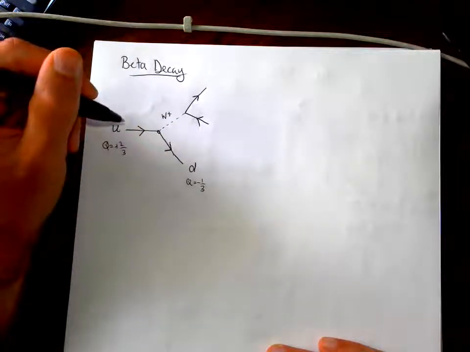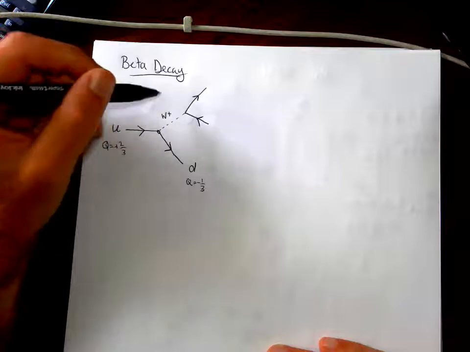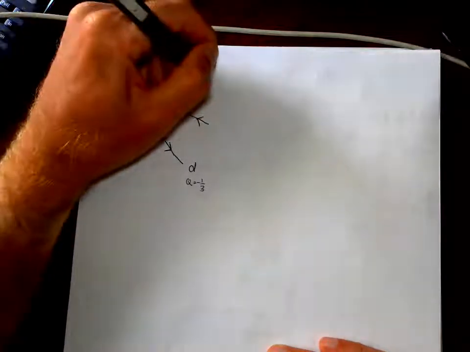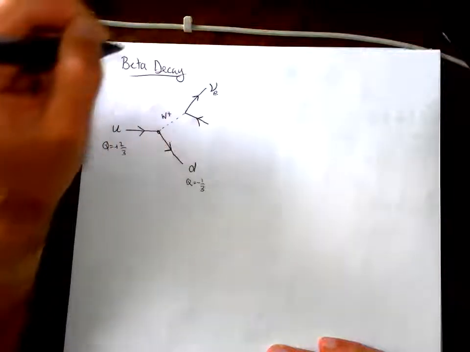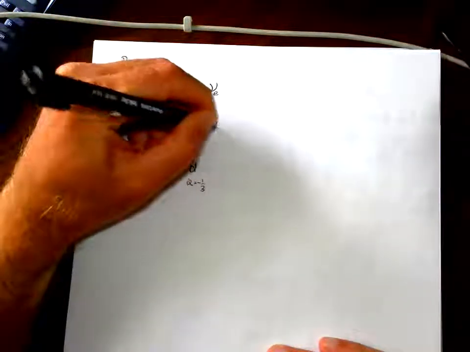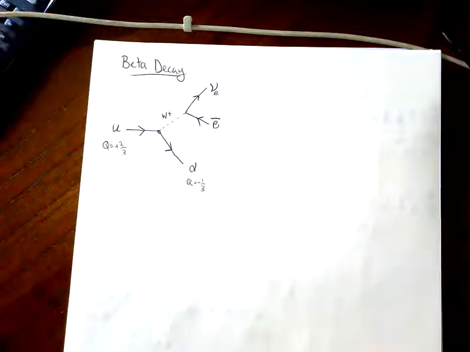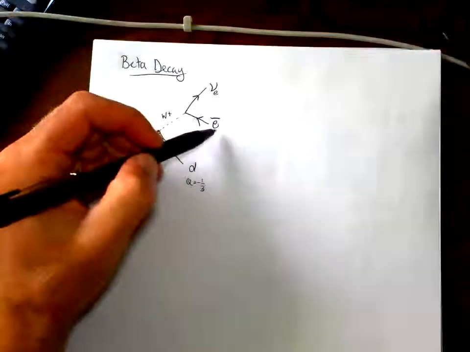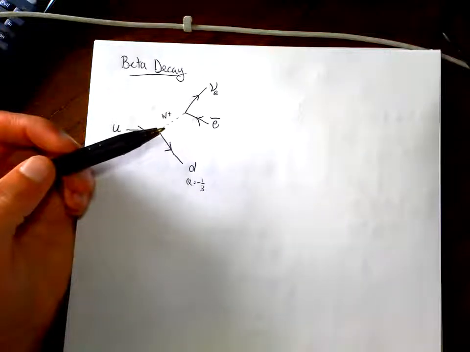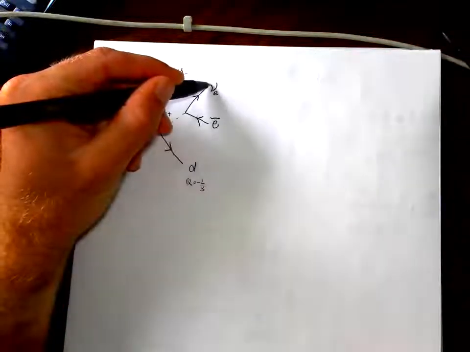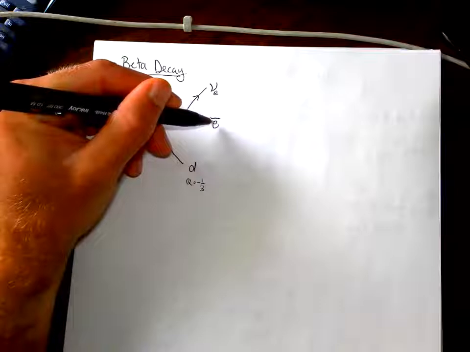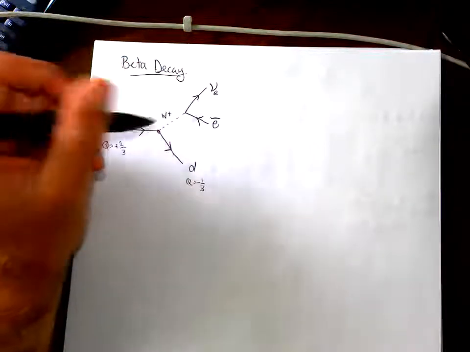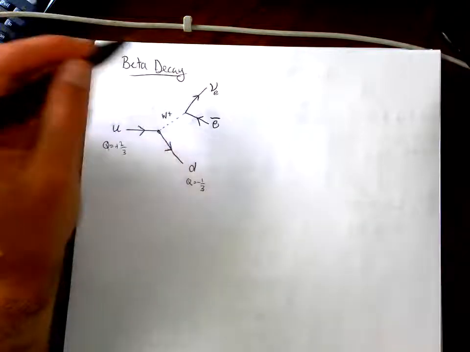Okay. Now the W+ is going to make maybe an electron neutrino and an anti-electron. So why didn't I make it an electron and an anti-electron neutrino? The reason is that the electron neutrino and the anti-electron have a net charge of +1, so it's conserving electric charge.